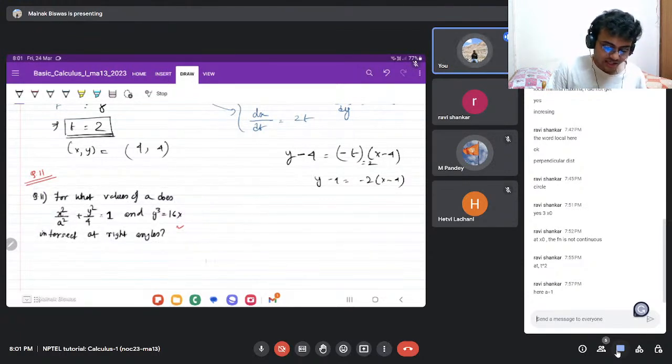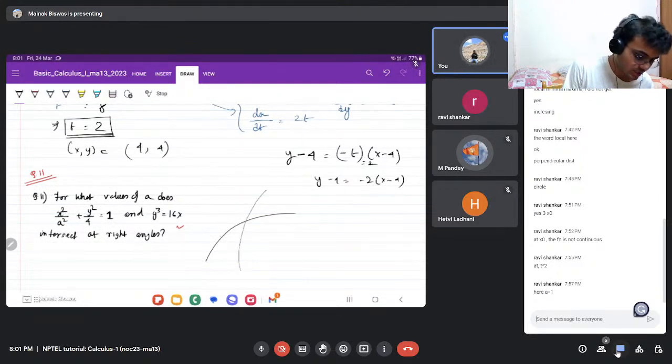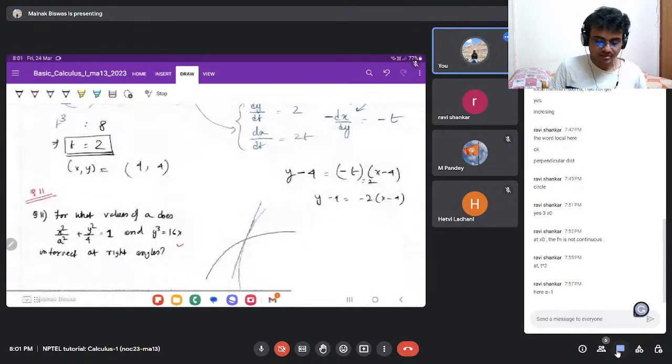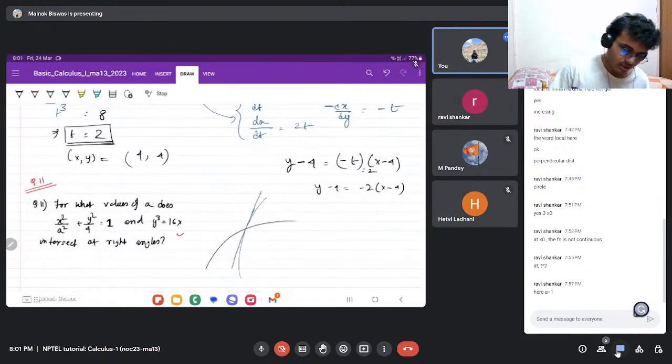See, intersecting at right angle means, we have always approximated curves by lines. That's all we do. We know only linear things. Calculus is making everything linear. I think you have understood that by now.